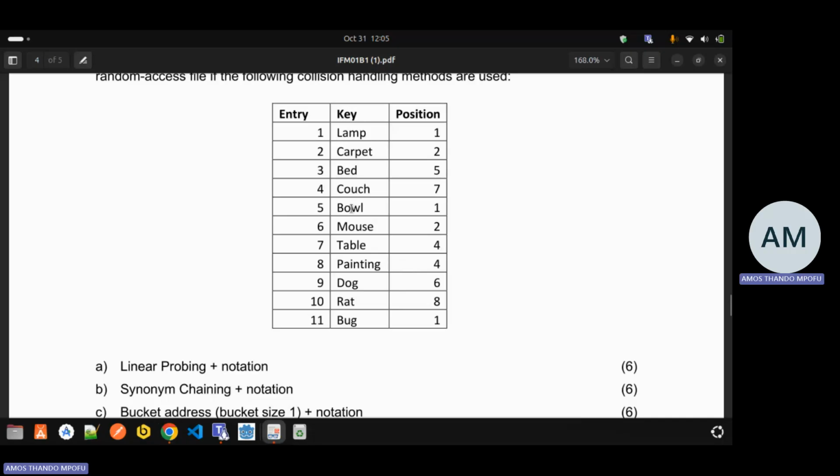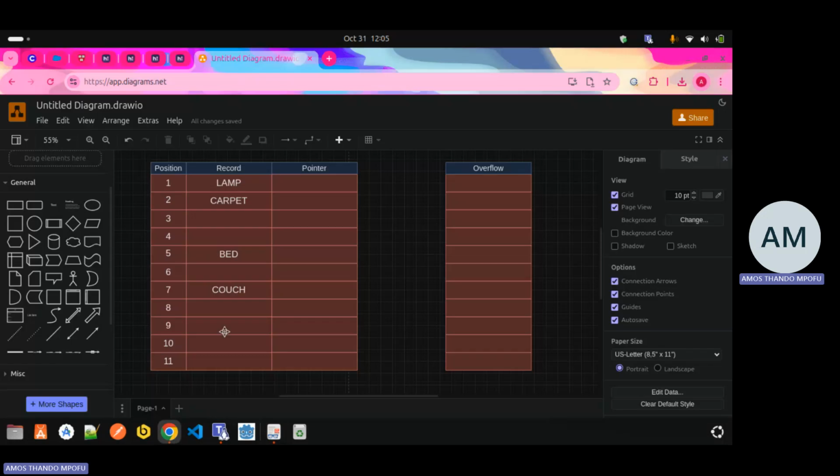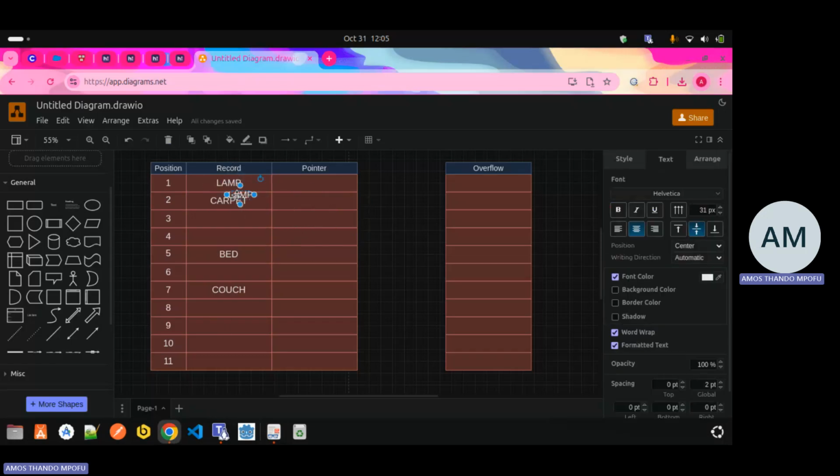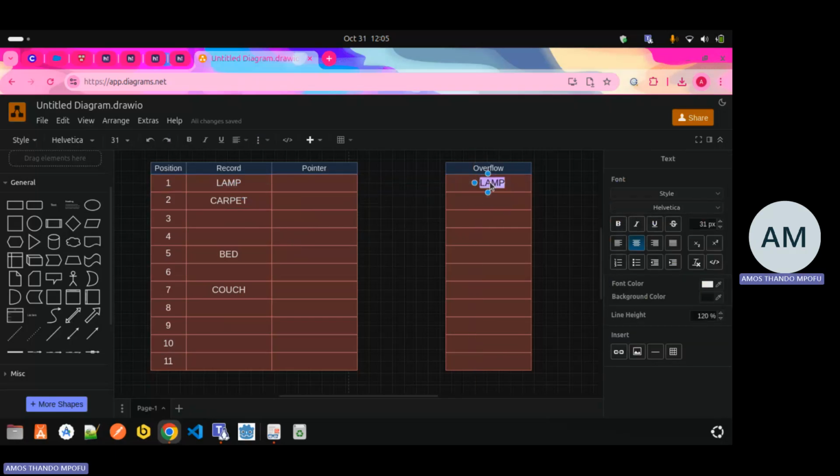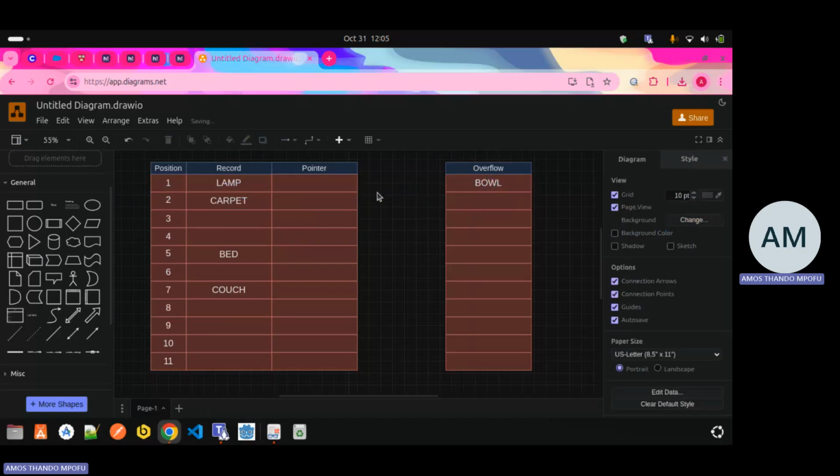And then we start facing collisions. Bow is at index 1, so we have a collision. Since we have a collision, we put it in the overflow block, which is here. So this will be bow. But then I put a pointer to it to show that it was supposed to be in that position.